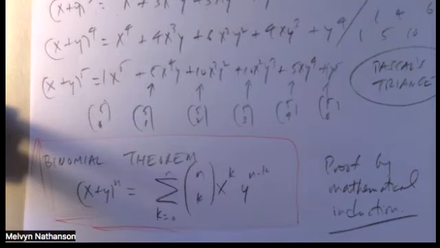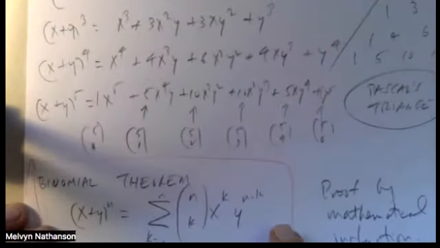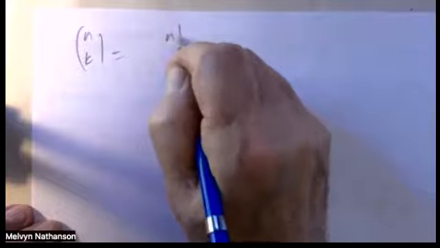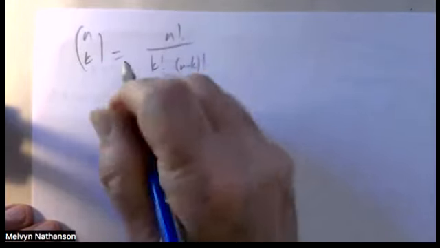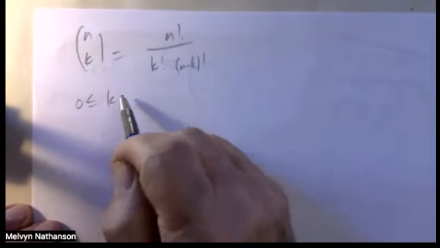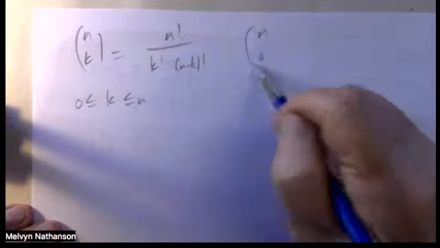I want to prove this by mathematical induction. Now, let me just make one quick remark. Remember the definition of the binomial coefficient: n choose k is n factorial over k factorial times n minus k factorial. And this is true for k between 0 and n. So when k is equal to 0, what do you get?